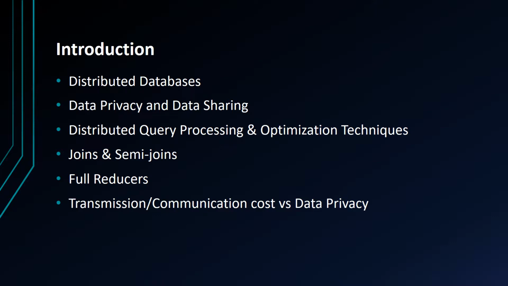So in that case, computing joins or query executions is a bit conflicting, as there are transmission costs coming into question when we need to ship one relation from one site to another. This is one of the very basic issues of a distributed database system.